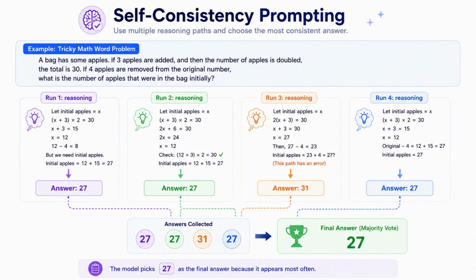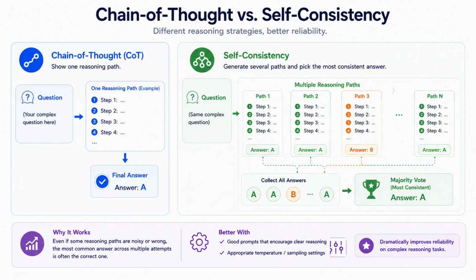The model might pick 27 as the final answer because it appears most often. So, chain of thought equals one reasoning path, self consistency equals generate several paths and pick the most consistent answer. This technique can dramatically improve reliability on complex reasoning tasks, especially when combined with good prompts and temperature settings.